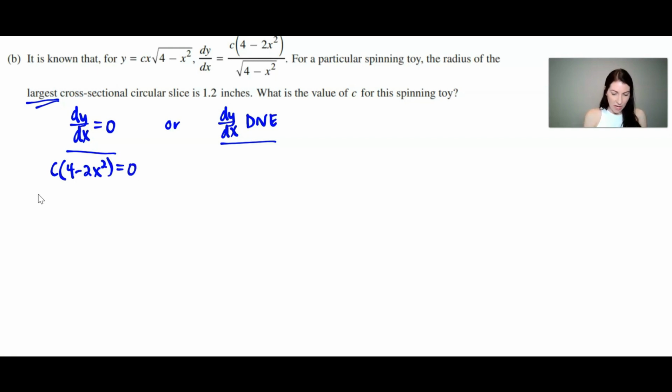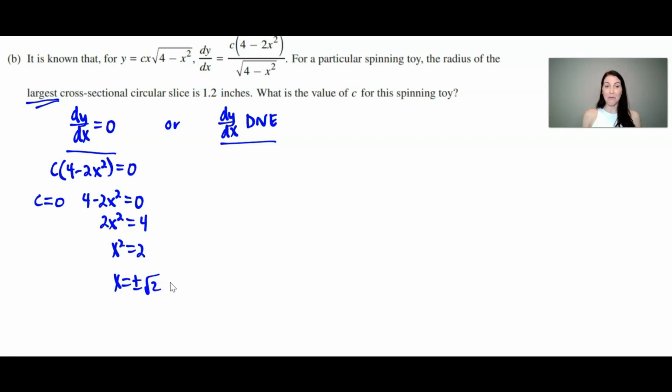So that's either when the value of c is 0, which I'm looking for the value of c, so I won't be using that, or where 4 minus 2x squared is equal to 0. So let's see, when I solve this, I get 2x squared equals 4, x squared equals 2, or x equals positive or negative root 2.